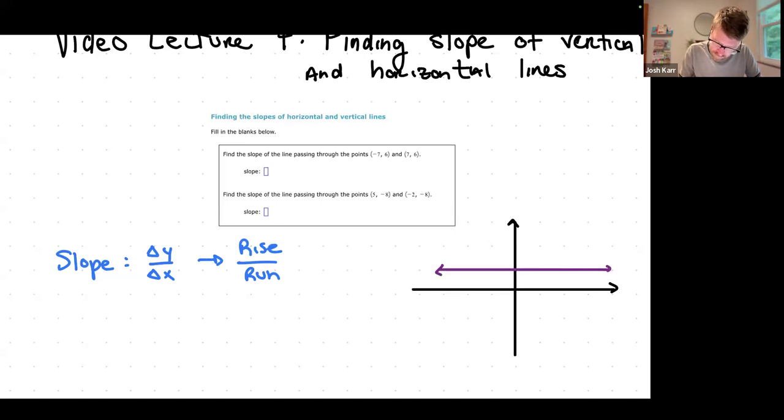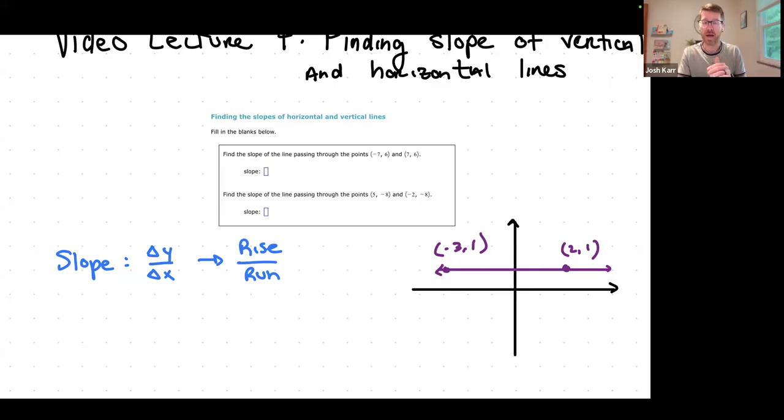Let's say this point over here, it looks like I'm over 2 up 1, so I'm going to call this (2, 1). And then it crosses here, this is (-3, 1). We can draw upon what we talked about previously. We can use the slope formula and actually calculate this thing.